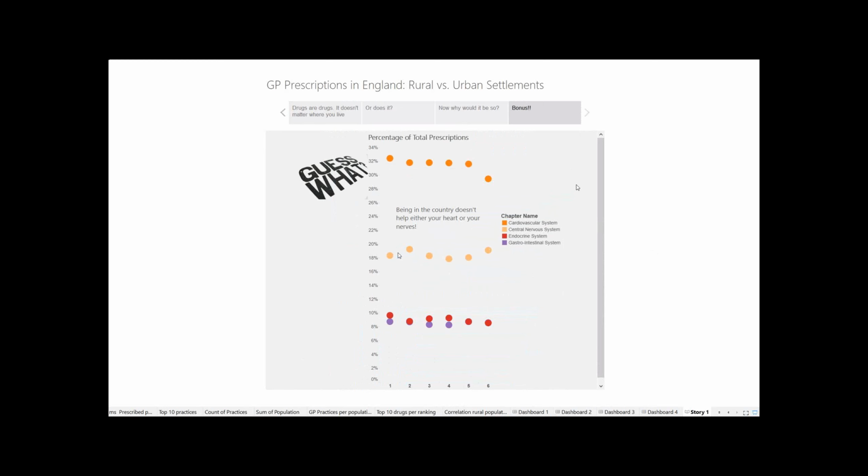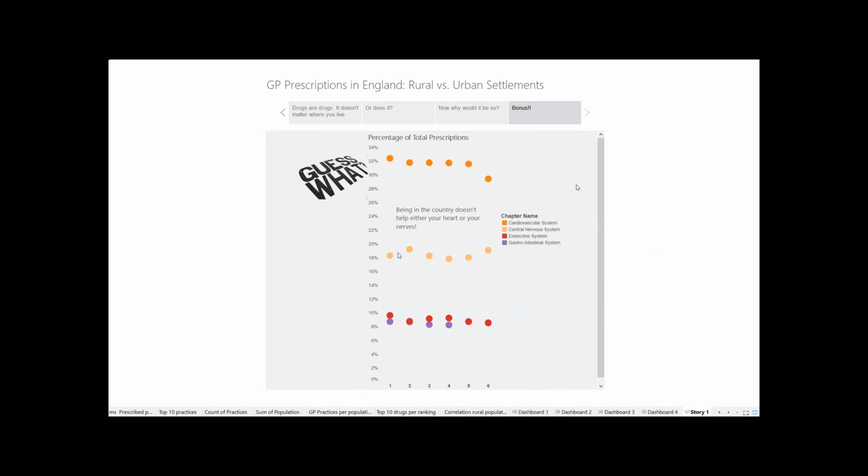Even just starting off with the number of practices in urban areas, it's like, well, yeah, okay, there's bound to be more. People don't want to travel or can't travel tens or hundreds of miles to get to a GP, so likely there is going to be more.